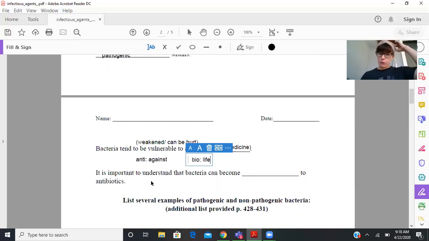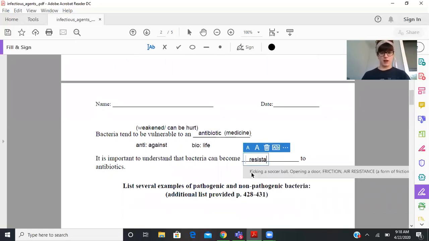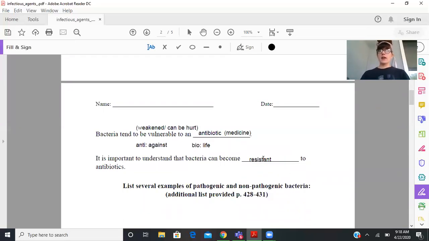It is also important to understand that bacteria can become resistant to antibiotics. And that can be dangerous because if you take antibiotics too much, the bacteria will get stronger and stronger. So they have had to develop new antibiotics as bacteria evolve. Now, because bacteria is a living thing, it adapts to its environment.